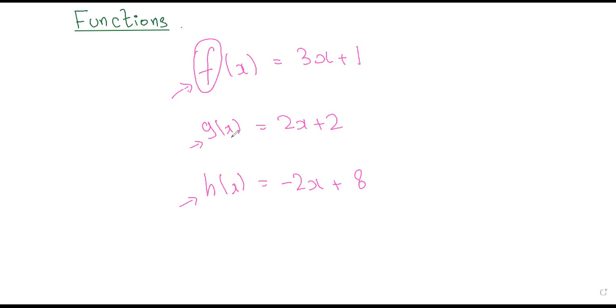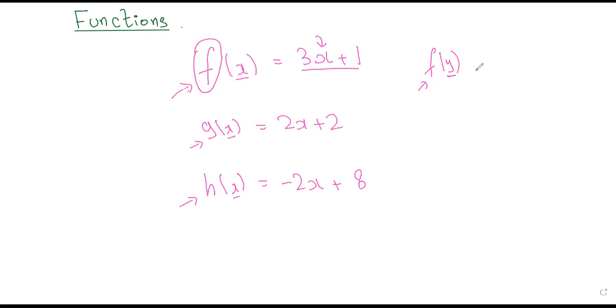This thing that is written in bracket is basically telling you that this is a function of x, that the variable inside this function is x. For example, if I write f of y, how would you interpret this? The function is called f, and the variable inside this function is y.